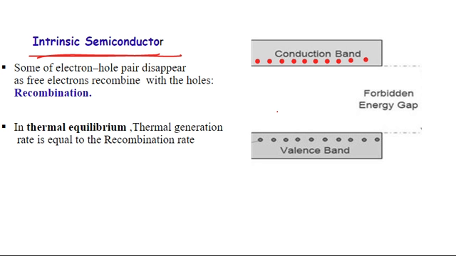Now in the last section of intrinsic semiconductor, let's see what happens. When a sufficient number of electrons move from the valence band to the conduction band, the electrons inside the conduction band move randomly inside the silicon crystal, and as a result these electrons start recombining with the holes present inside the silicon crystal. This is called the thermal generation, GTH, and this is called the recombination, RTH.